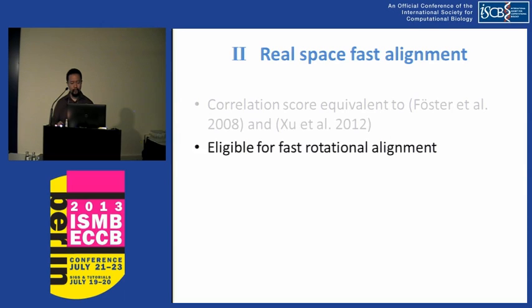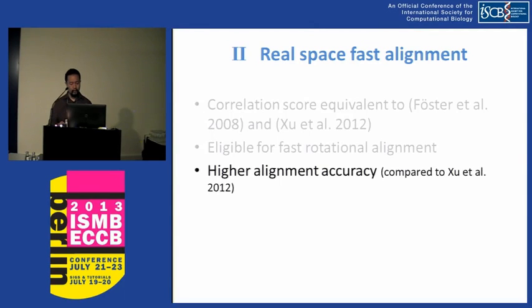And such a correlation score has a missing wedge correction, and also it enables us to use faster rotational alignment as a core part to design a faster alignment method.